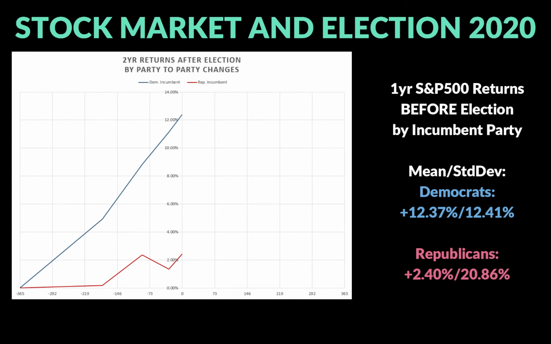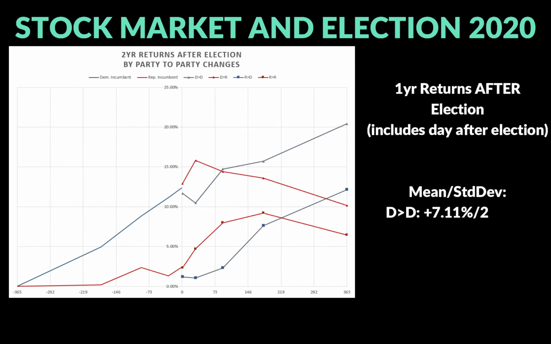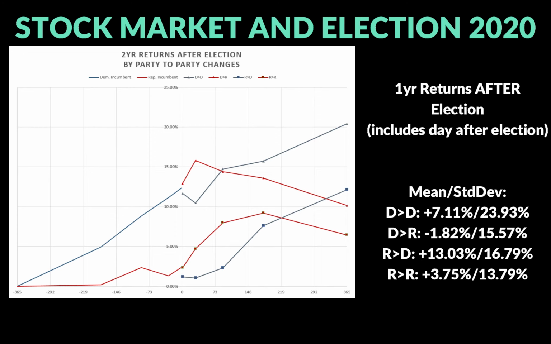So if we play this out going forward, from not knowing who is going to win and just knowing who the incumbent is, to then knowing who's going to win and playing out those different averages, what I found here was pretty counterintuitive to at least what I had understood about the markets up until doing this study.